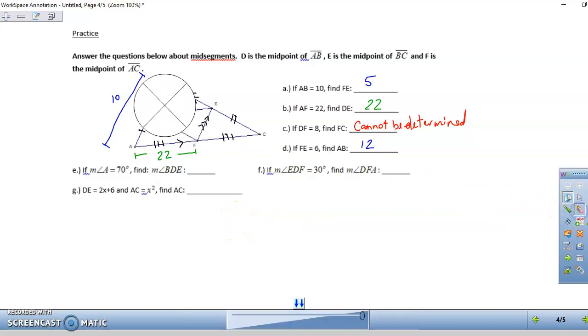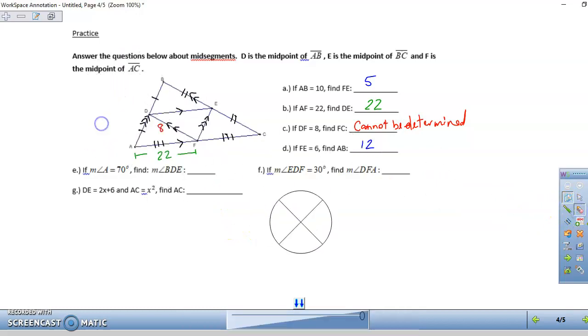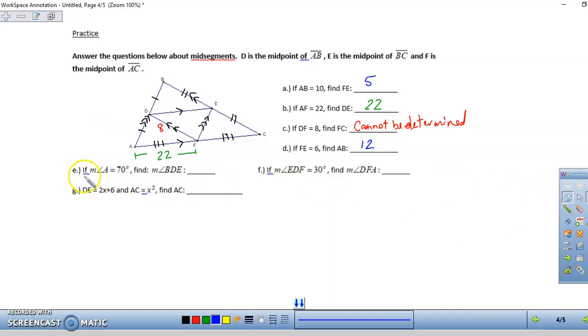Okay, now let's do some angles. And again, you're going to use these parallels to help you. So if the measure of angle A is 70, I want you to pause and figure out this and F. Okay, welcome back. So the measure of angle A is 70. Then BDE, these are going to be corresponding angles.